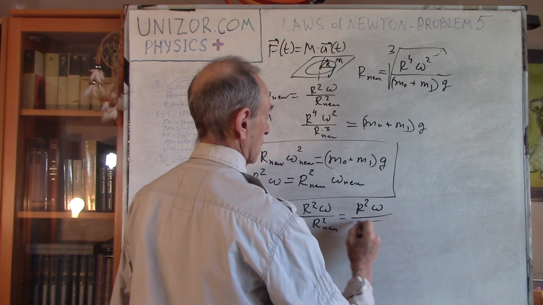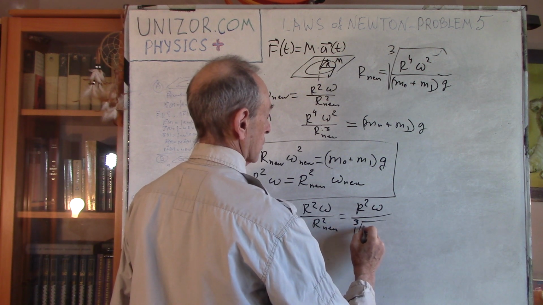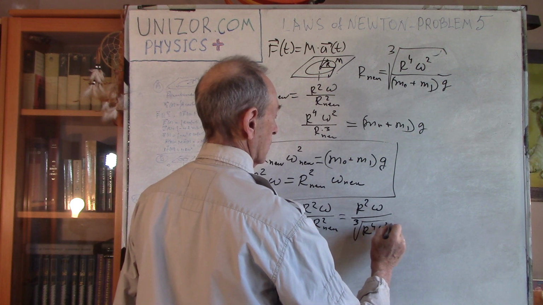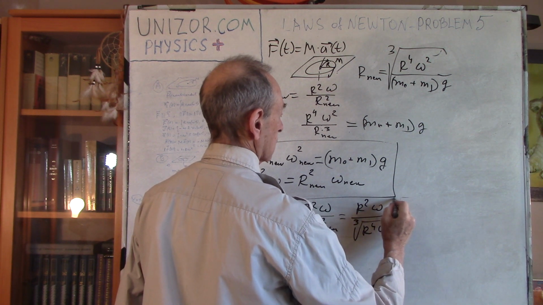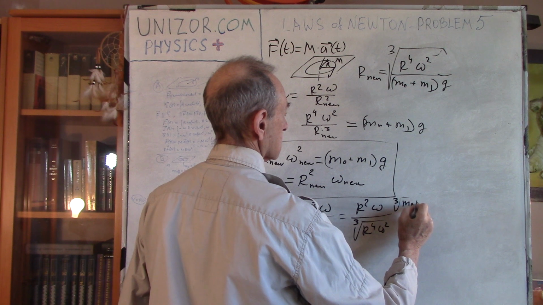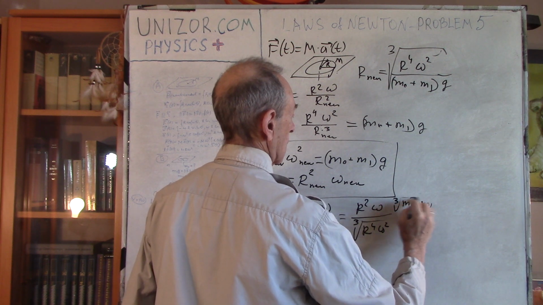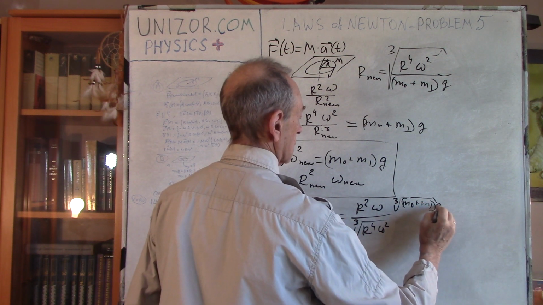Divided by cubic root of r to the 4 omega squared and multiplied by cubic root of m0 plus m1 g.